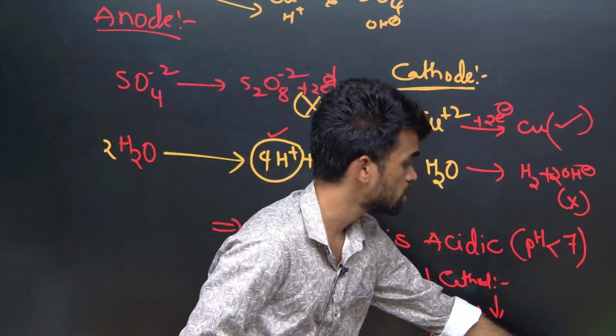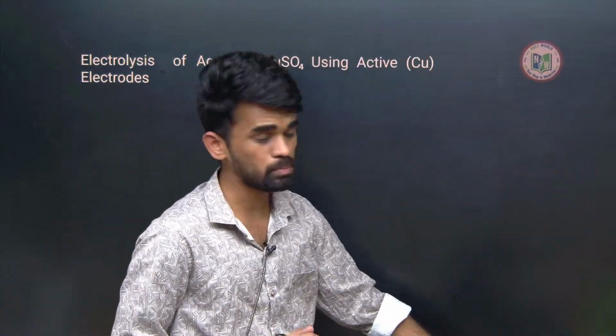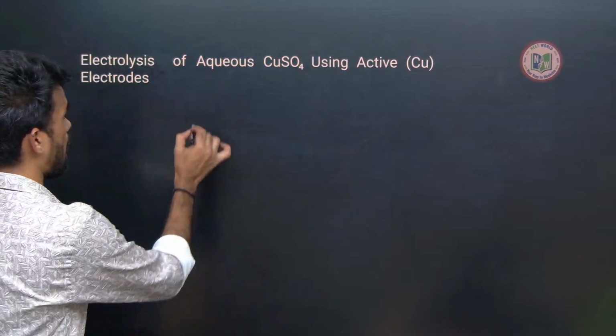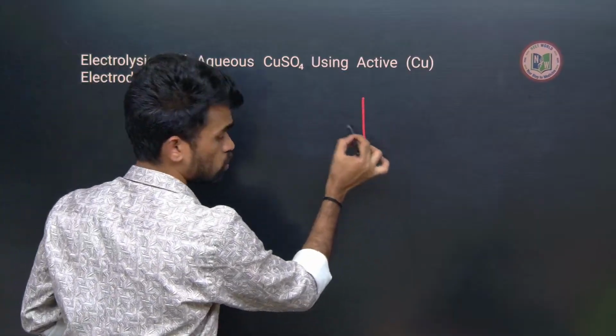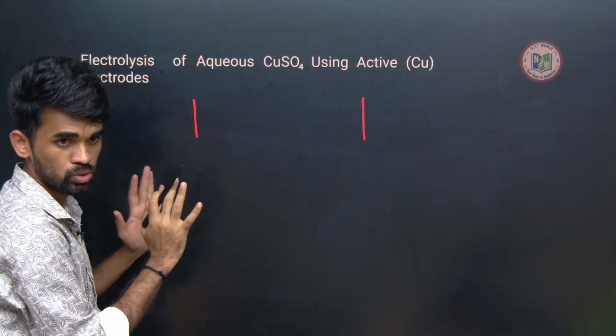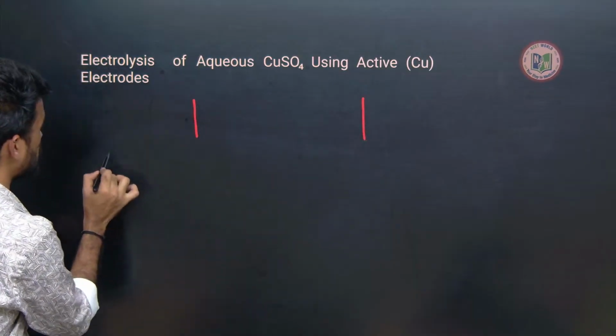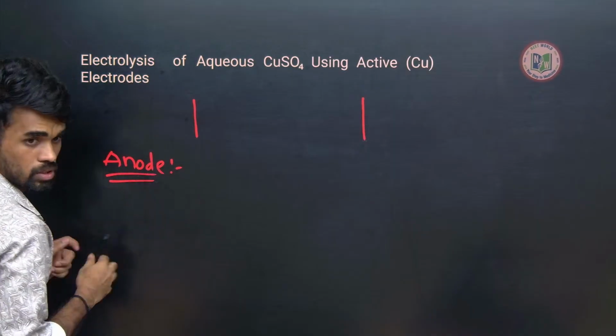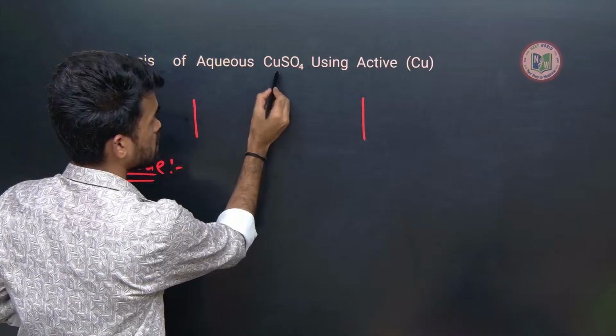Let us use an active electrode here. It means the copper electrode itself is an active electrode here. So at the anode compartment and cathode, we have copper as the electrode. Now tell me, at the anode, what are the things we have? What are the anions here?